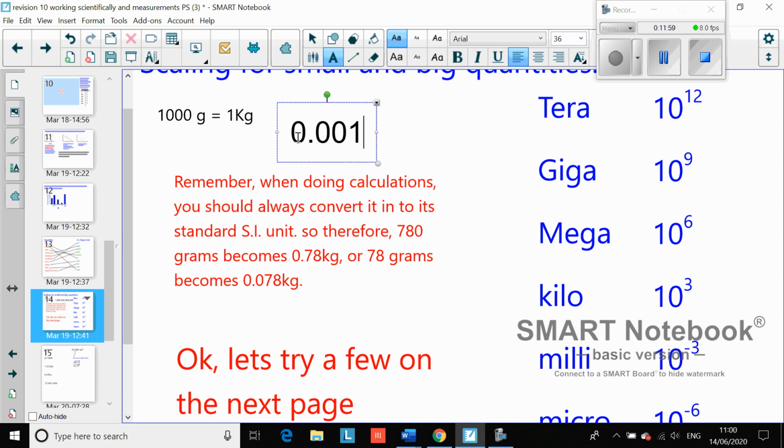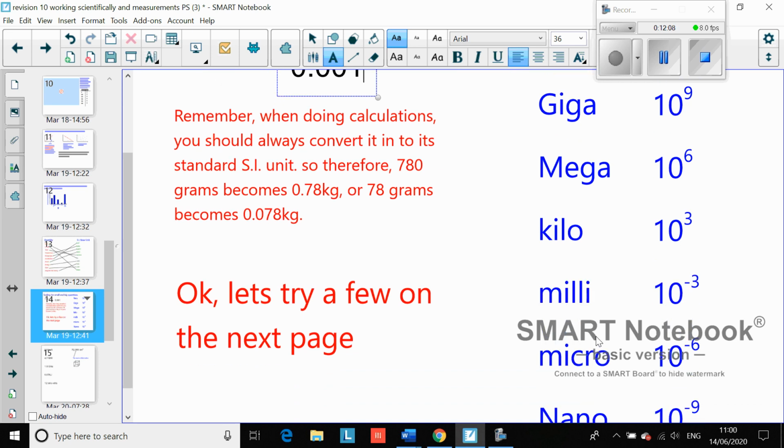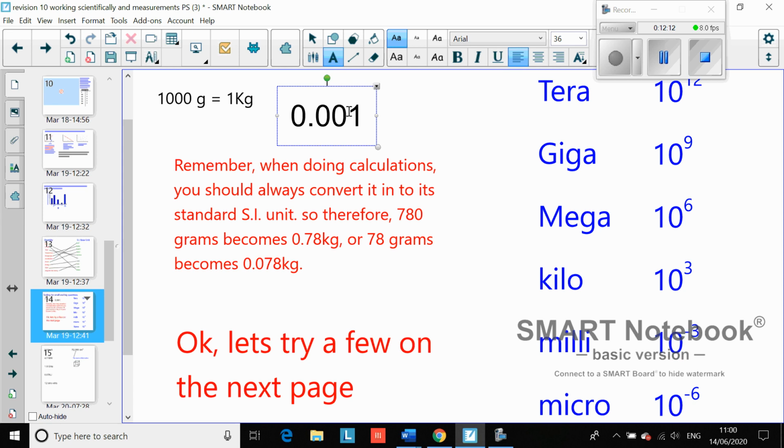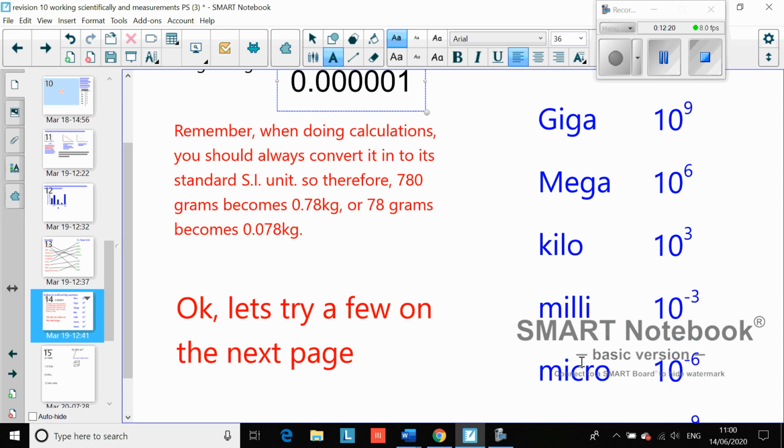Okay, so there are 1,000 millimeters in 1 meter. A micrometer would be another 3 zeros. So that's a micrometer. And then you start getting smaller and smaller in the other way, nanometer and so on and so forth.